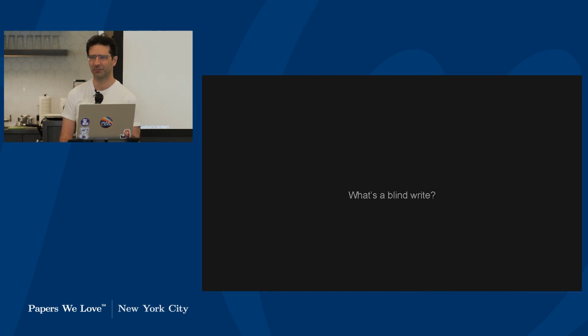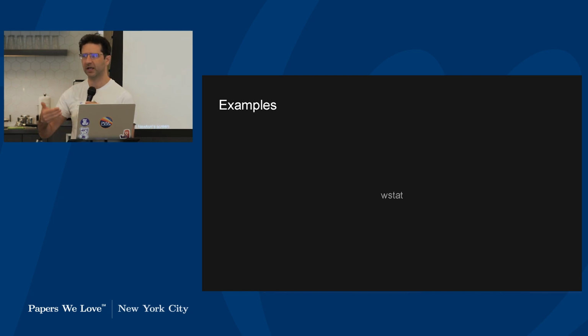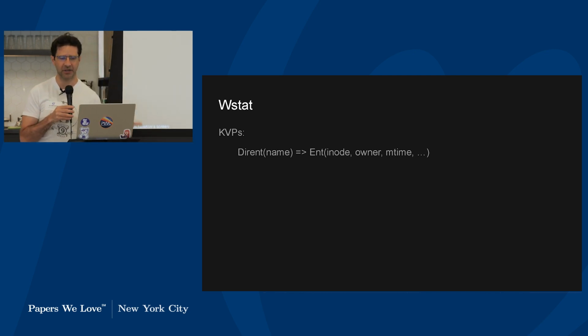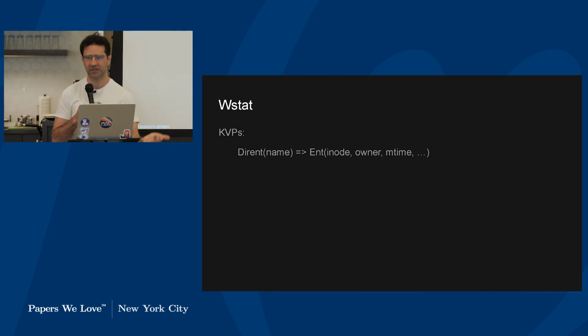At this point, I probably should say what a blind write is. It's just when you toss a mutation into the tree without actually looking at the value. So for example, when I'm writing my file system, a prime example would be the wstat operation. Wstat is basically, well, when you have a directory entry, a file has a name, and that name maps to an entry that has an inode, an owner, a modification time, and a whole bunch of other metadata.